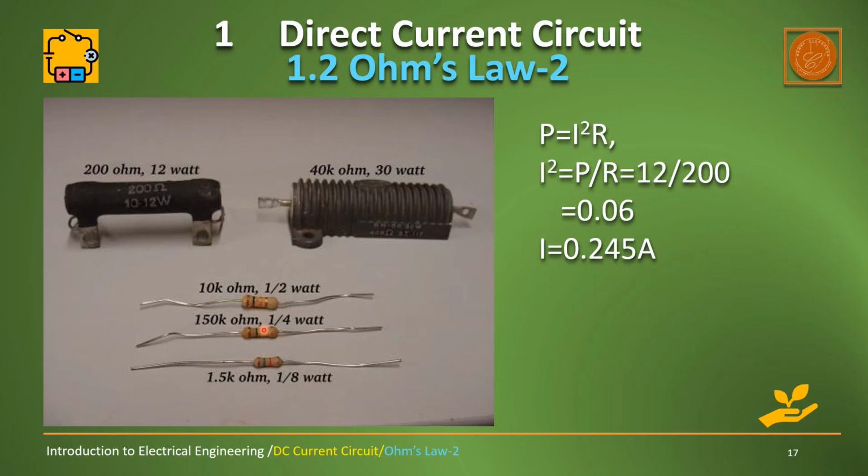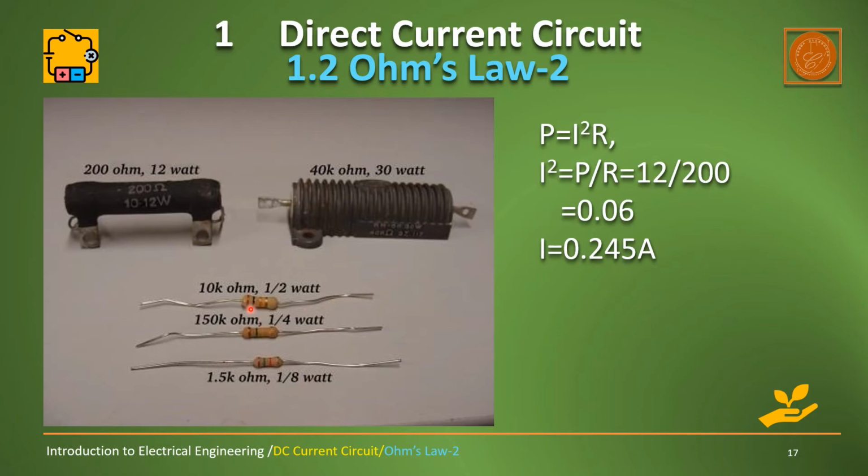We already learned how to identify the value of these resistors. If you are interested, please go back and see our previous video. So this means 10,000 ohm with half watt. They have two legs, one here and the other on this side.